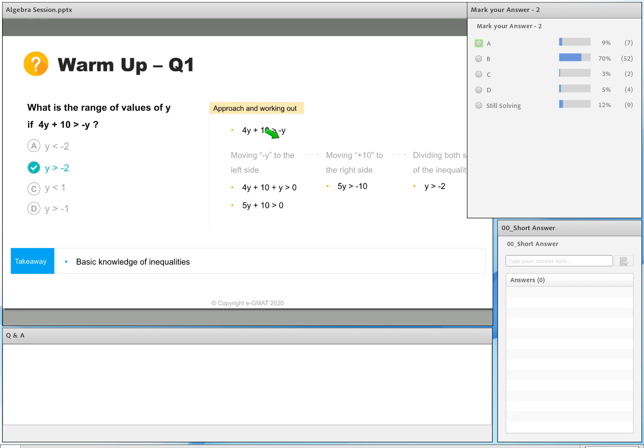There was nothing till now that required you to do that. When you're adding y on both sides, or subtracting 10 on both sides, or dividing both sides by a positive number, none of these require you to flip the sign of the inequality. So in case you did that, it was not needed. You could not have done that.